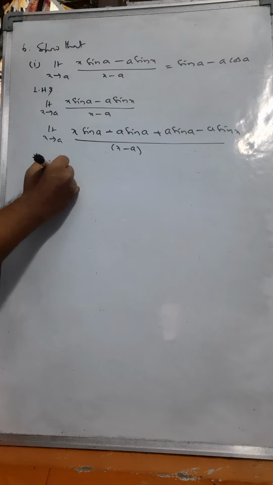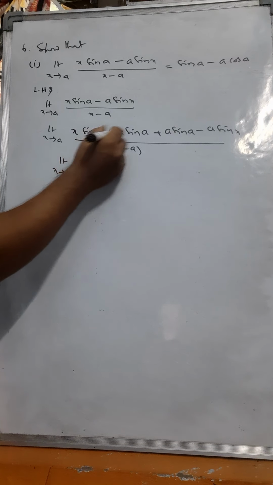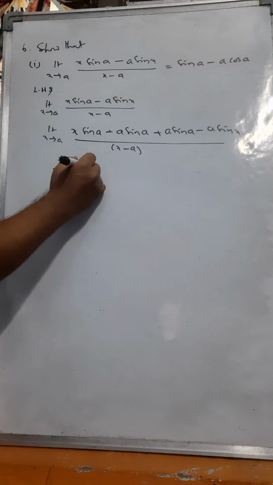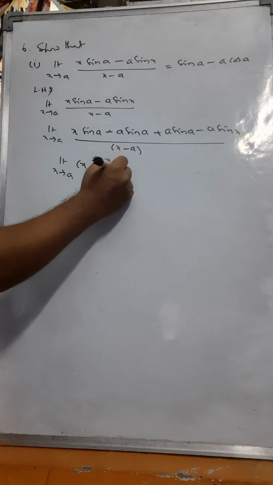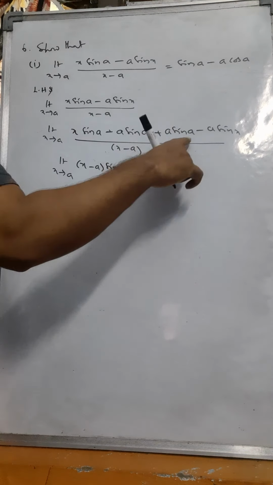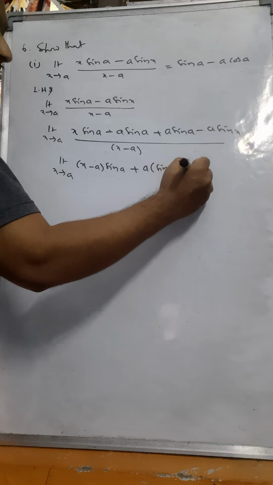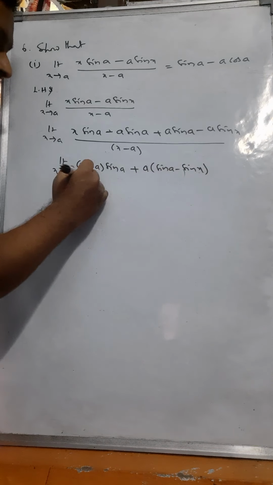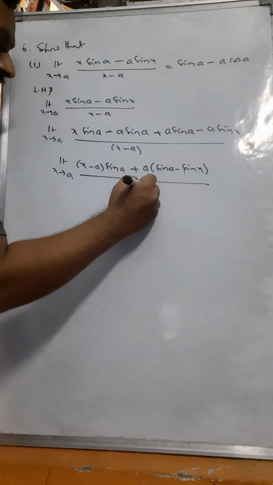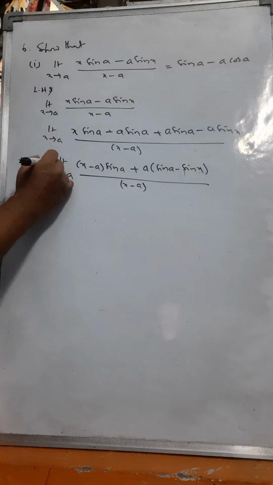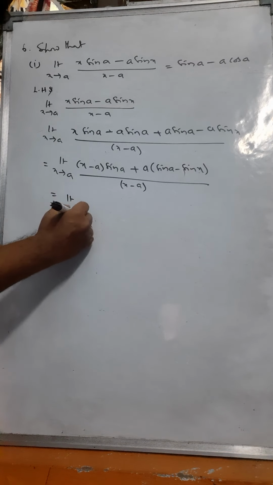In these two terms sin a is common, so we get (x minus a) into sin a, plus in these two a is common, so we get a into (sin a minus sin x), all divided by (x minus a).